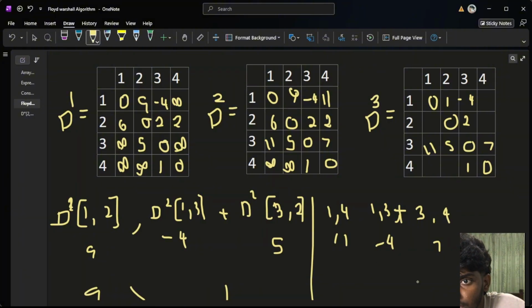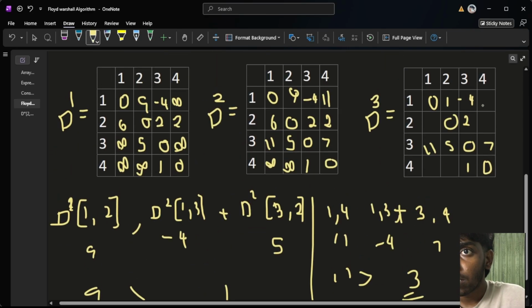So it is going to be 3 and 11. So the 3 is going to be right here.